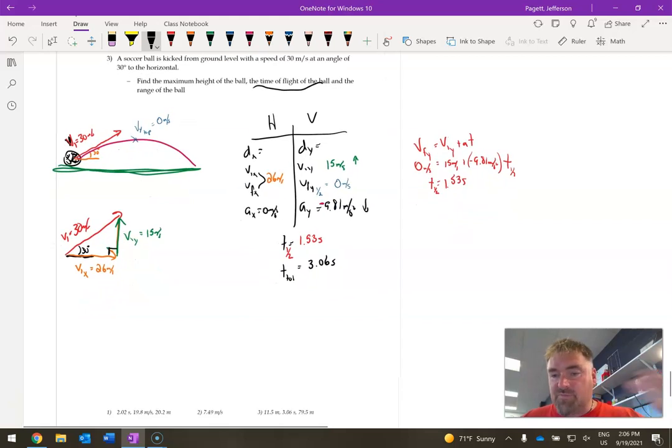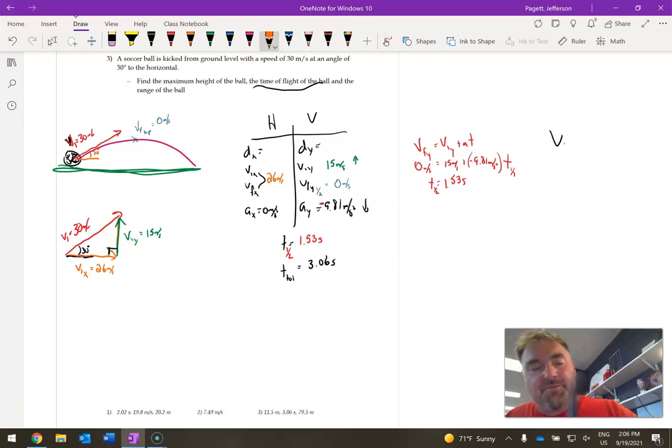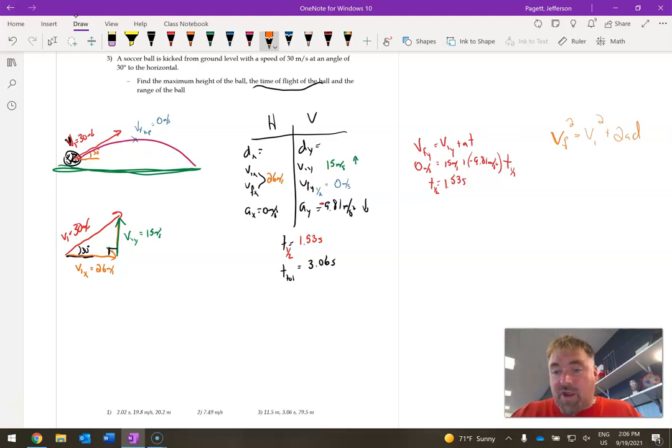Well, the ball's going to get to its maximum height at the halfway point. So I can use my equation. Actually, I'm going to use a different equation here. I'm going to use VF squared equals VI squared plus 2AD. Now, this is not the only way to do this problem, but it's the one I'm going to pick first.